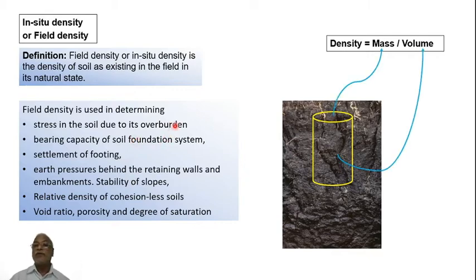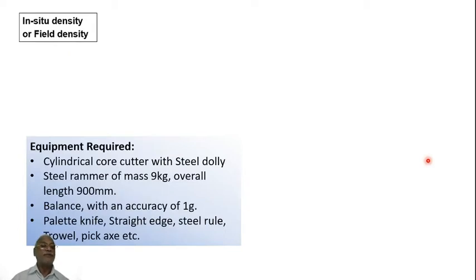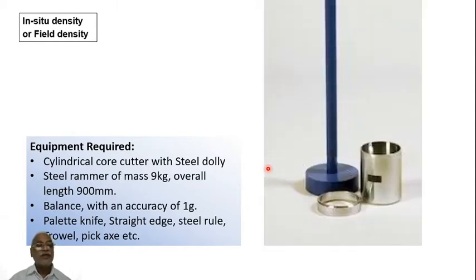You should know the mass of the soil excavated and then the volume. It is difficult to know as it is, so there should be some good means through which we can know this. The equipment required for finding field density by the core cutter method would be a cylindrical core with steel dolly.